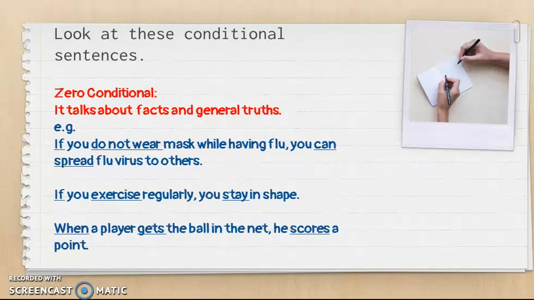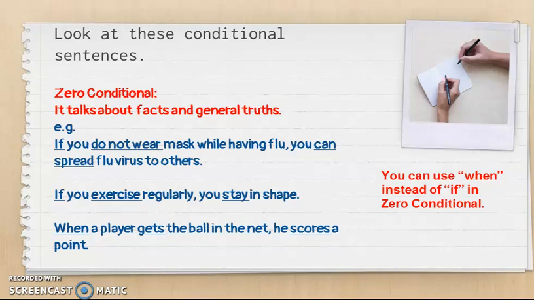As you look at those sentences, you realize if and when are being used. These are called conjunctions. If and when can be used interchangeably. So you can use when instead of if in zero conditional. For example, I can change the first sentence to: when you do not wear a mask while having flu, you can spread flu virus to others.